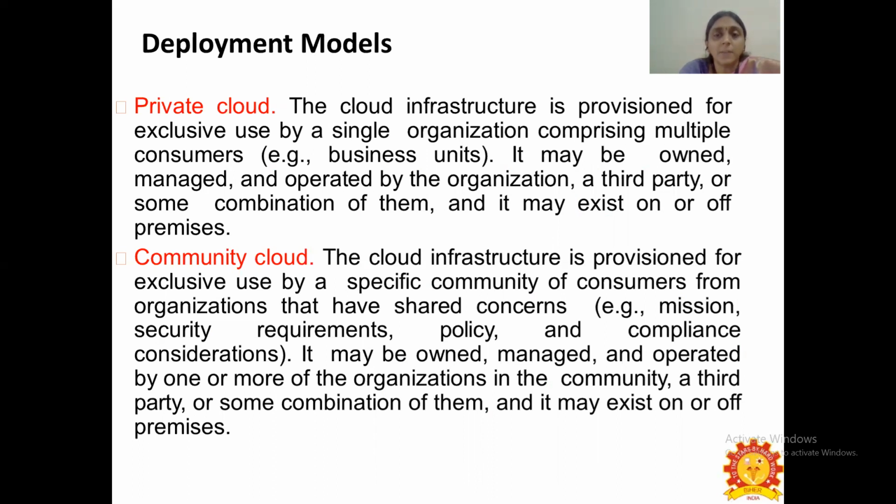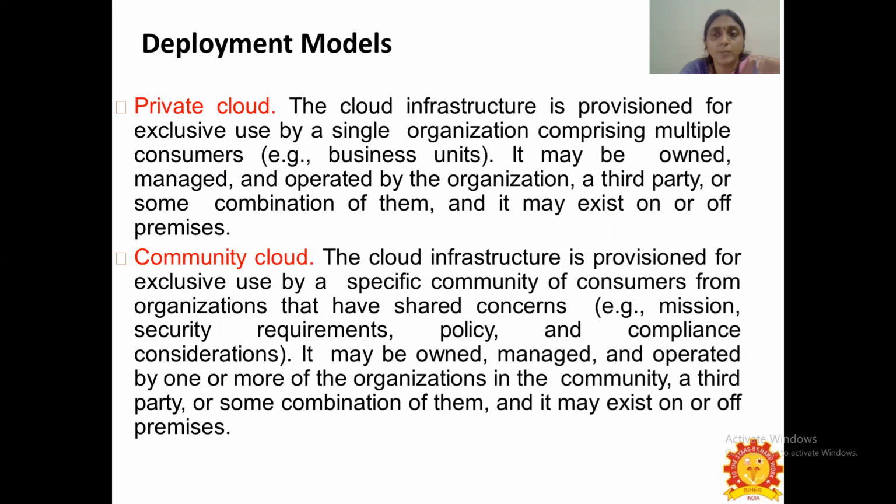So here the business units refer to the single organization, and the cloud may be owned, managed, and operated by the organization, a third party, or some combination of them, and it may exist on or off premises.